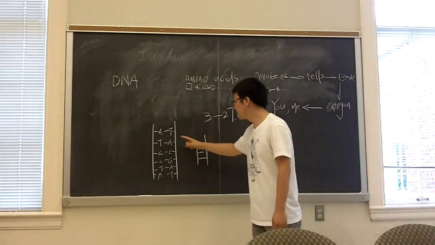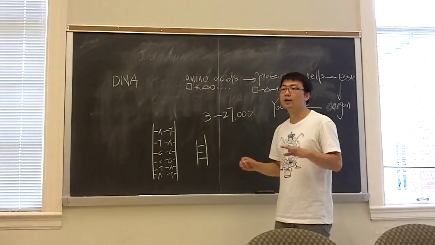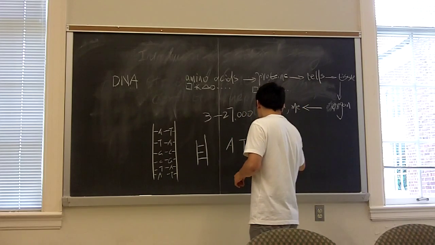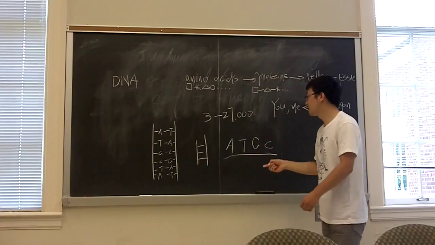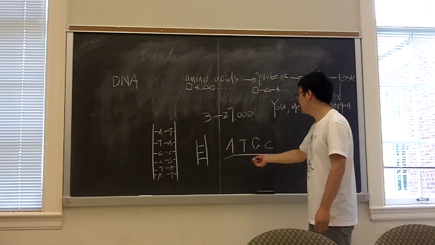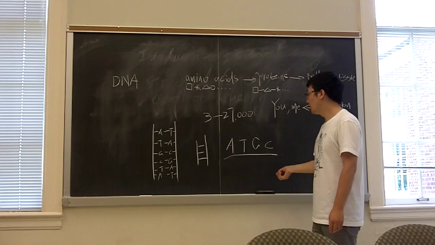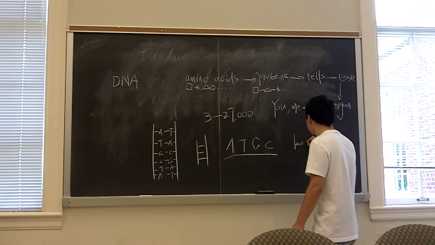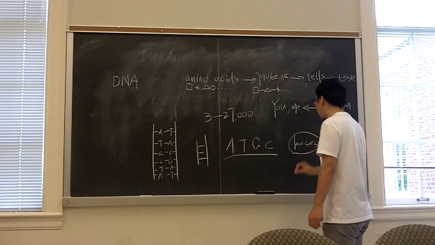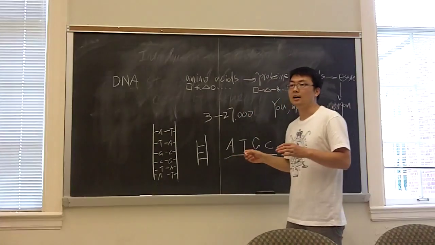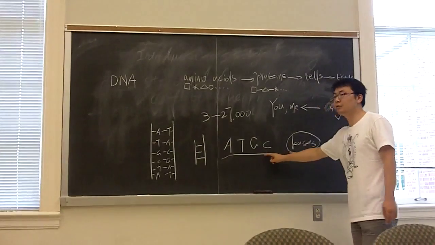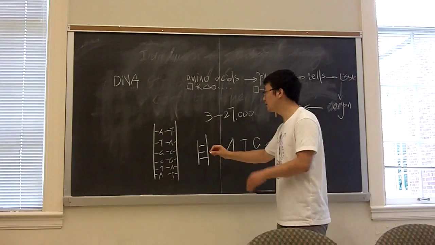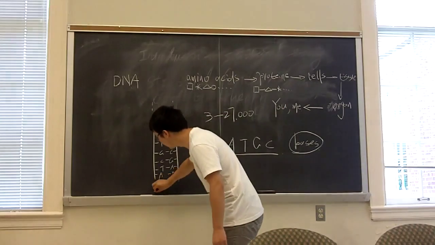And the steps of the ladder are made up of 4 different chemicals: A, T, G, and C. Their full names are adenine, thymine, guanine, and cytosine. We also call these 4 different chemicals the 4 different bases. So DNA is made up of these four different bases, millions of them, in quite a long sequence.